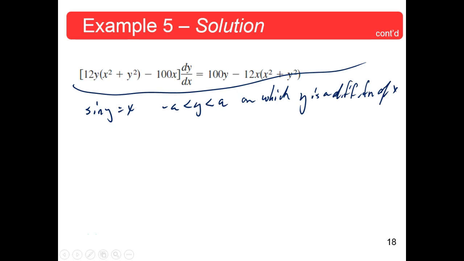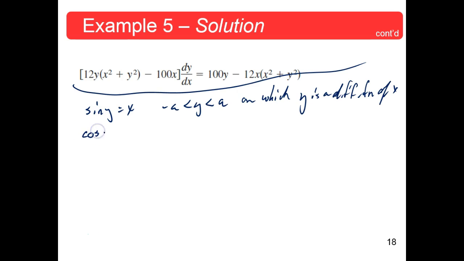Now, first, find dy dx. How do you do that? Any ideas? dy dx. You take the derivative. Okay, how do you do that?